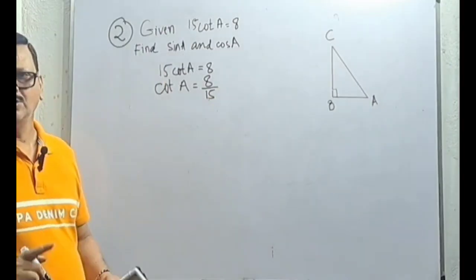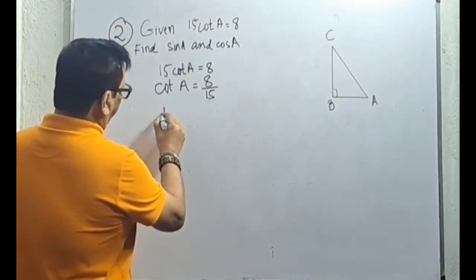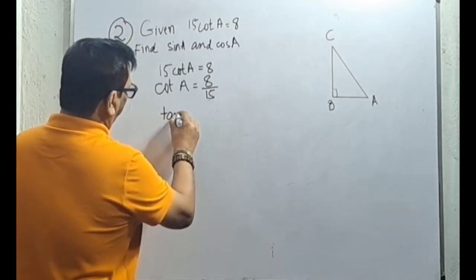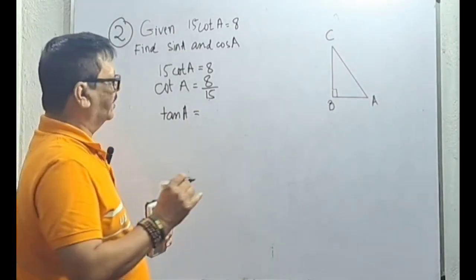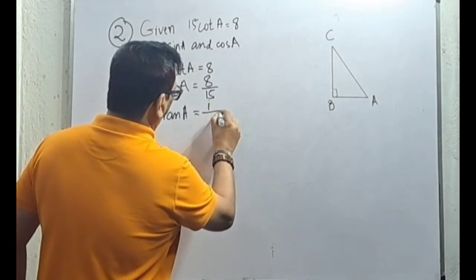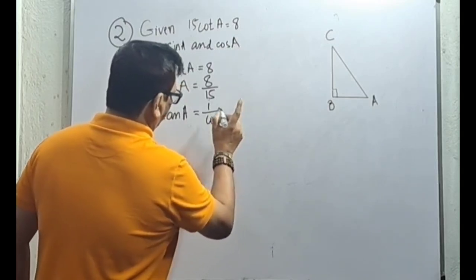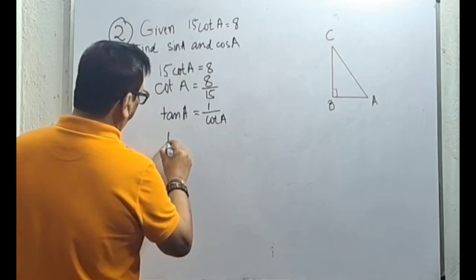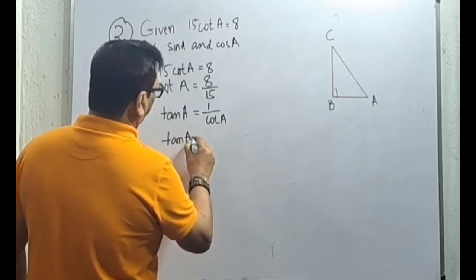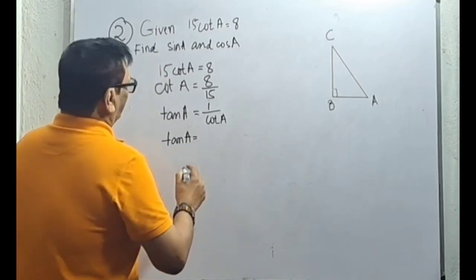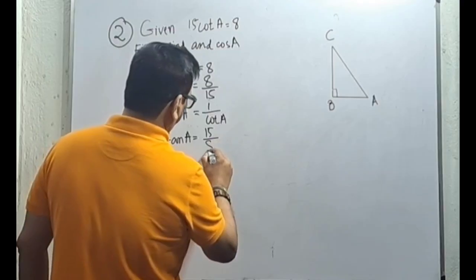Right? We know that tan A is reciprocal of cot A. So we can write 1 by cot A. So from here we can write tan A is equal to 15 by 8.